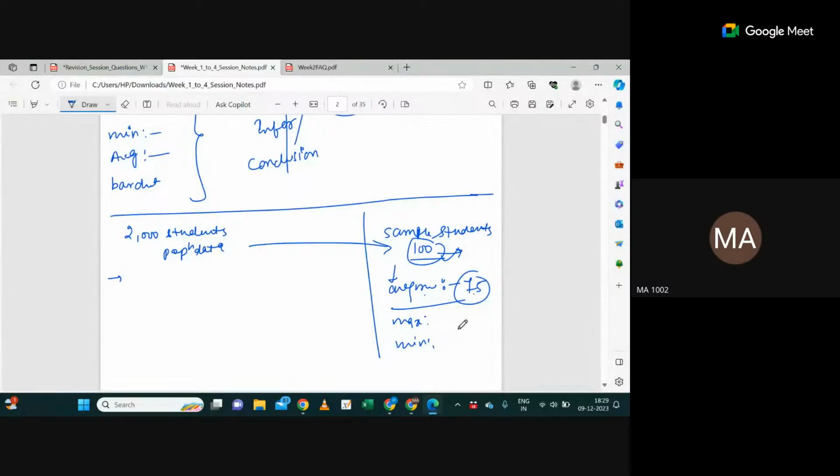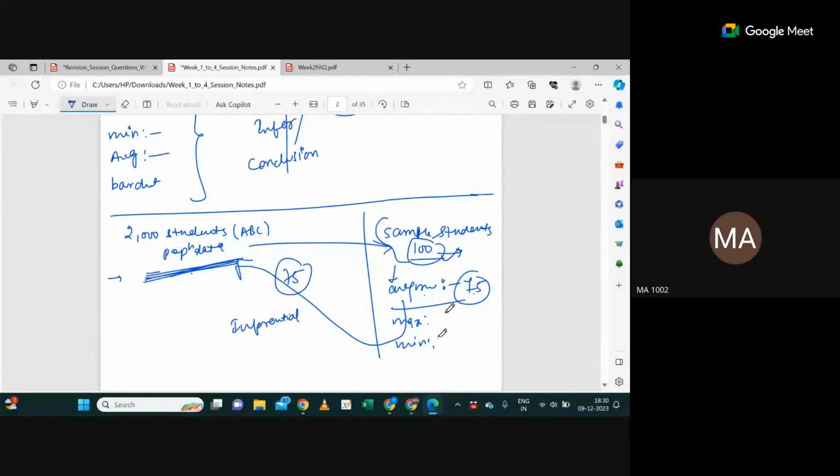For example, after this, suppose you made the conclusion that average marks of all the students of the college, let's say this college ABC, is 75. Then it will be inferential statistics, because based on this sample data set, you have inferred something about your population data set.